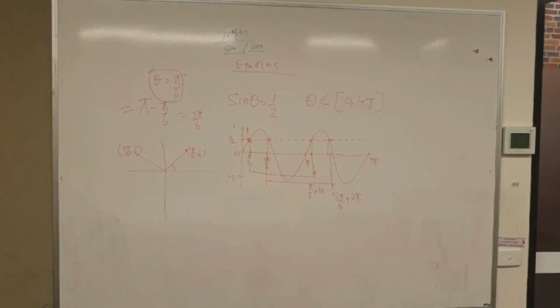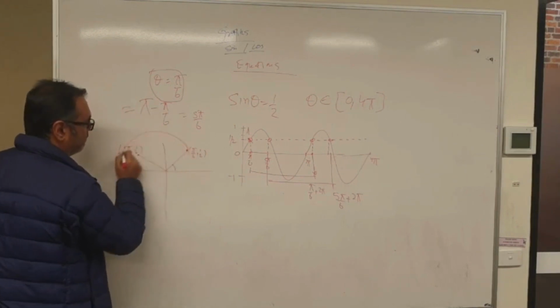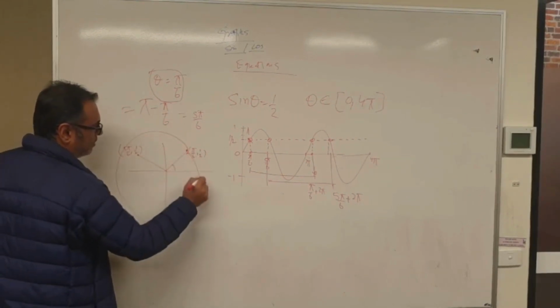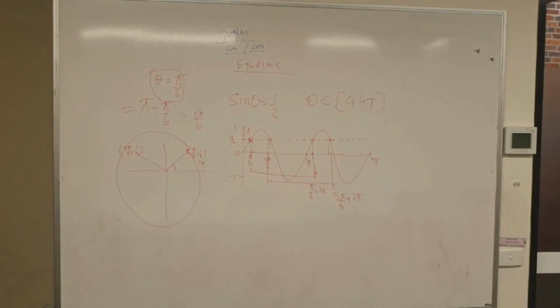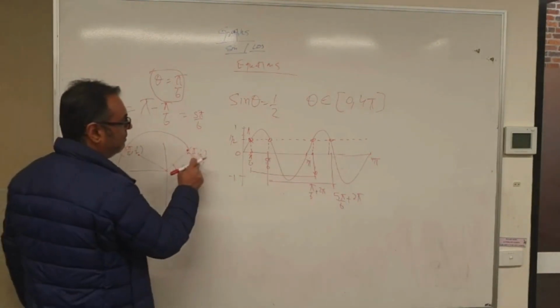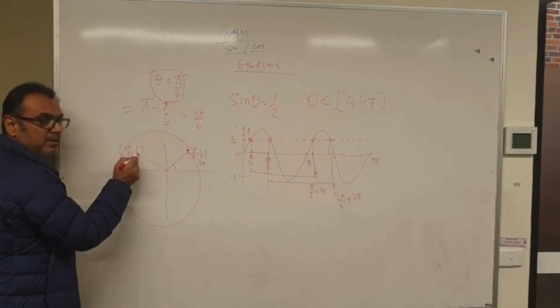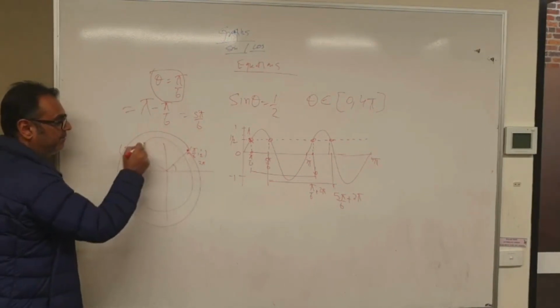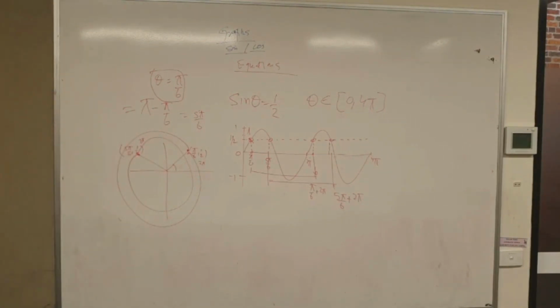Correct? Now, how do you land at this spot again? Add 2 pi. If you make a full circle of 2 pi, add 2 pi, so 2 pi plus 5 pi by 6. And how do you come here again? 2 pi. So 2 pi plus 5 pi by 6.